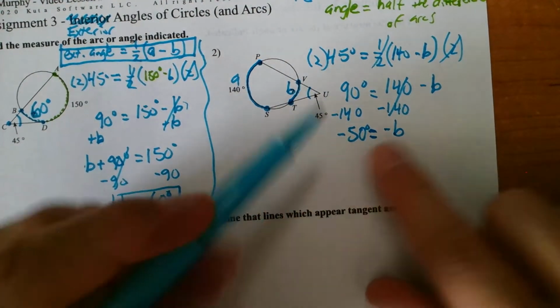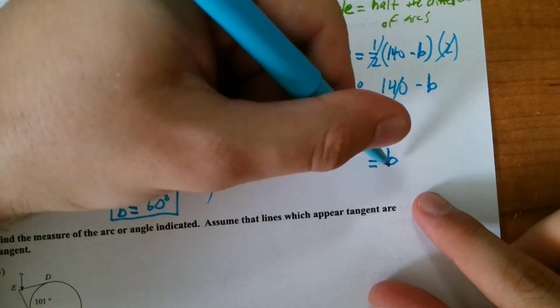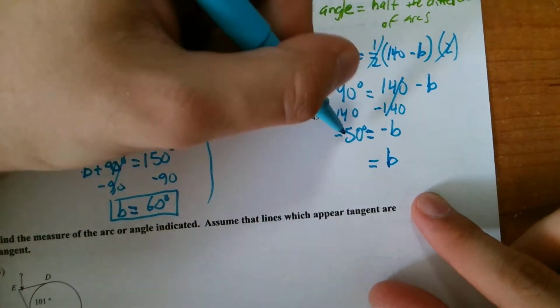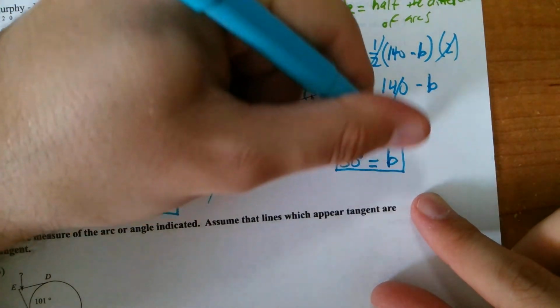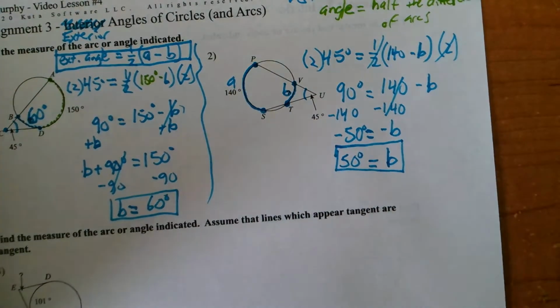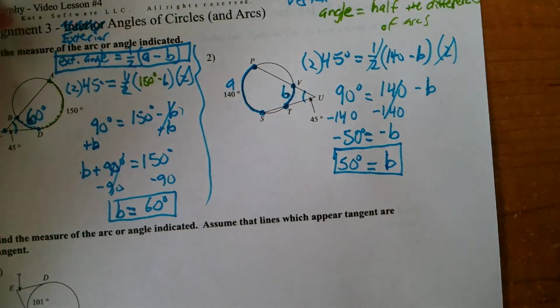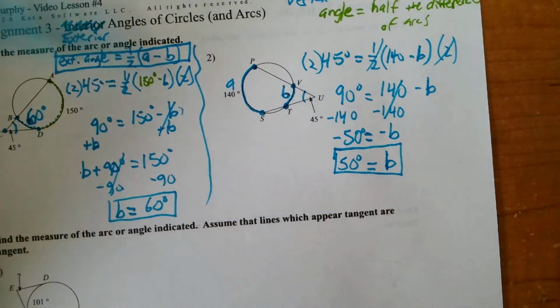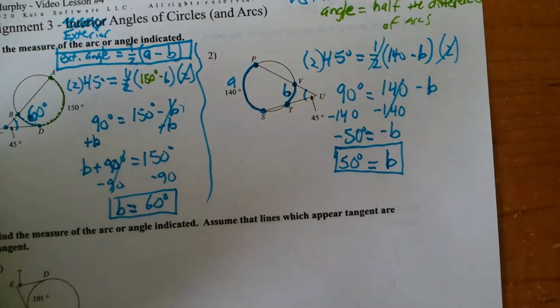And if negative 50 equals negative b, but really we want positive b, when I switch the sign here, I also have to switch this sign. So b is just going to be equal to 50 degrees. So either way you want to do it, if you want to worry about b last, or worry about your missing arc last, whatever. If you want to move it over to the other side and make it positive, that also works.